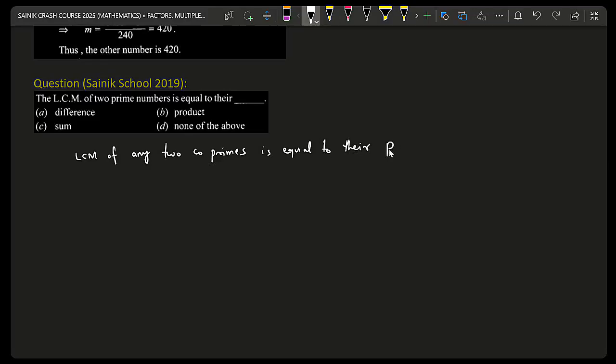We know this, but they're asking for prime numbers, and we know one more thing, that any two prime numbers are always co-primes.